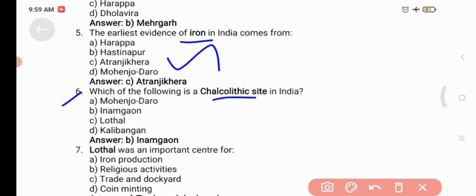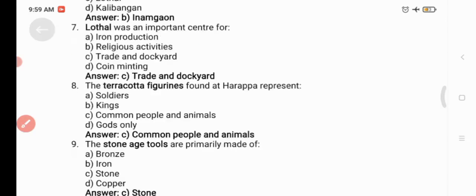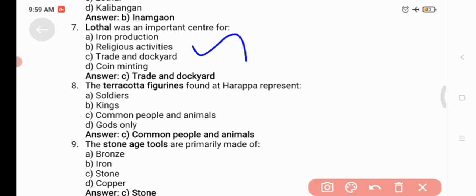Which of the following is a Chalcolithic site in India? Option B, Inamgaon. Lothal was an important center for option C, trade and dockyard. The terracotta figurines found at Harappa represent option C, common people and animals.